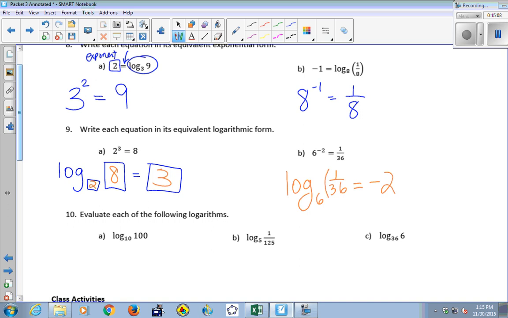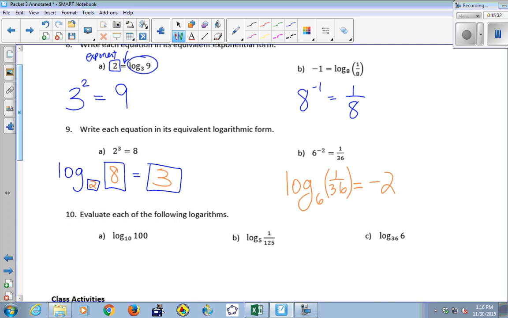You can put parentheses there. It means the same thing with or without. Sometimes it just looks a little clearer if you put them. So there's another way to write exponential information.